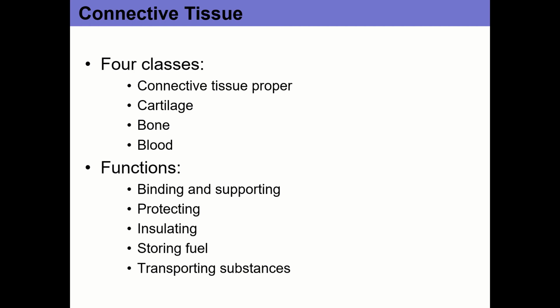In terms of storing fuel, as mentioned, adipose tissue, fat tissue, is one of the classes of connective tissue proper, and so fat's a really effective fuel source, and we'll talk more about that when we get to that section on connective tissue proper. And then connective tissue also transports substances.